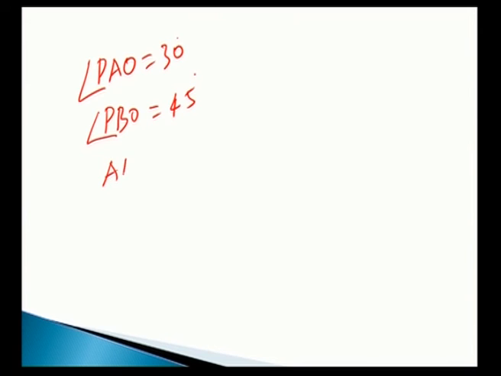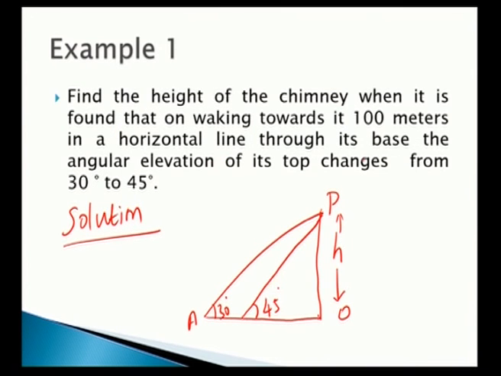Then AB is equal to 100 meters. That is what is given in the problem. Walking towards it 100 meters. So keep this as point B. So this distance is 100 meter.